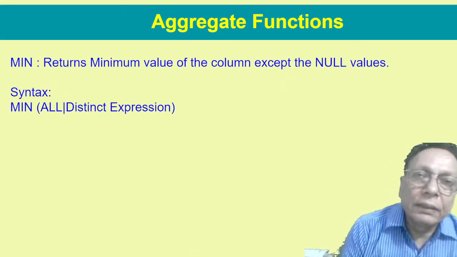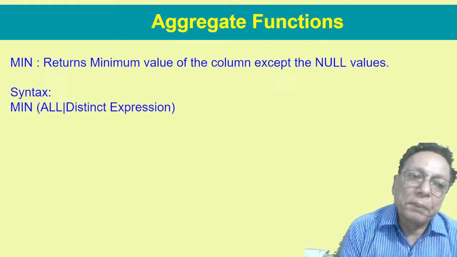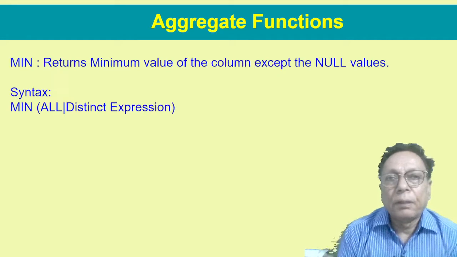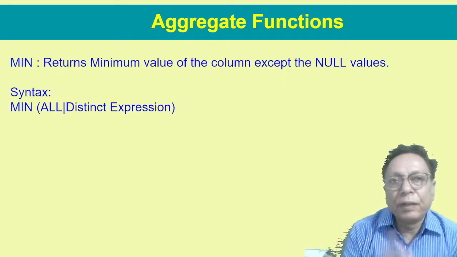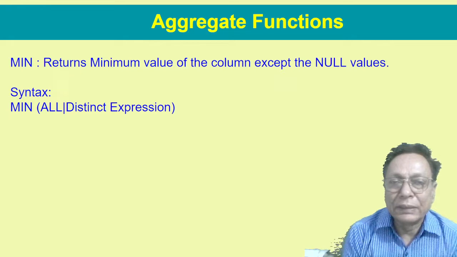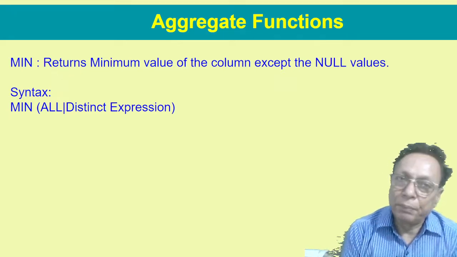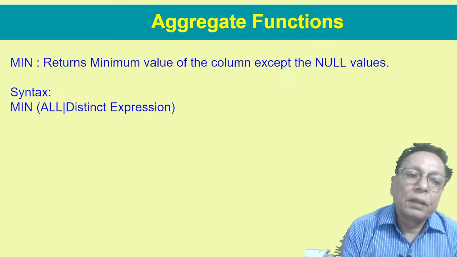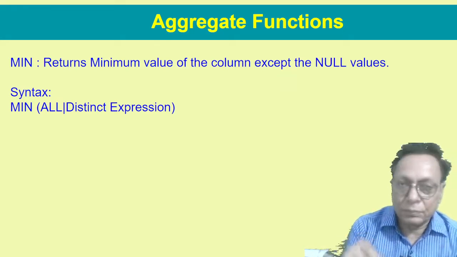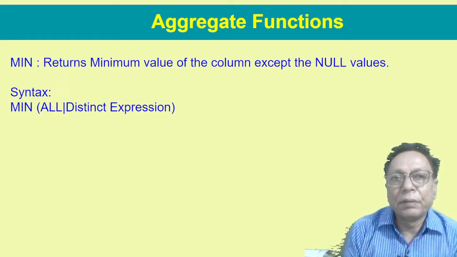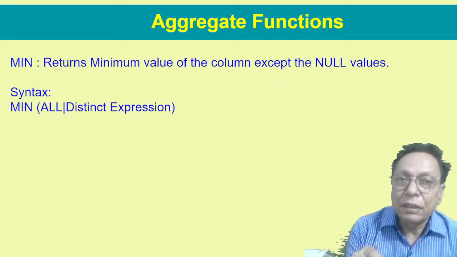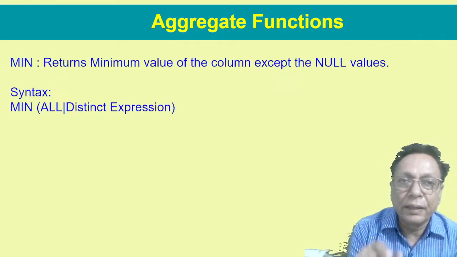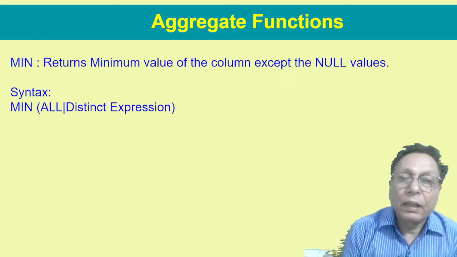Then another aggregate function is MIN. If you want to find the minimum value of a particular column in the table, you can apply minimum. The same format is applied here: minimum from all the records of the particular column. DISTINCT means different values, duplicates are excluded, and then the expression.